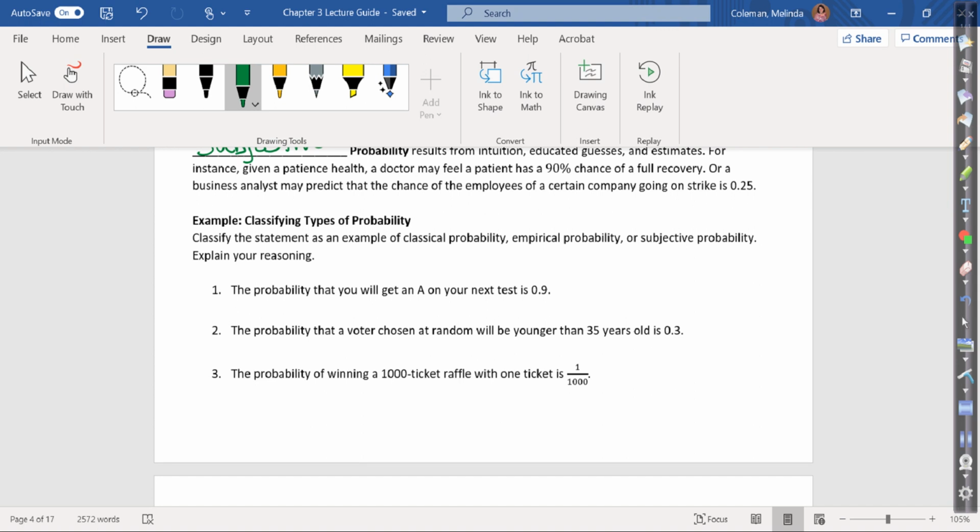So classify the statement as classical, empirical, or subjective. Number 1: the probability that you get an A on your next test is 0.9. Well, this one would be subjective. How do you know you're going to get an A on your test?